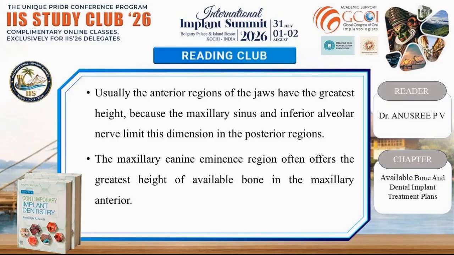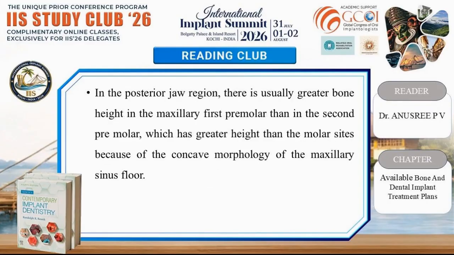The maxillary canine eminence region often offers the greatest height of available bone in the maxillary anterior. In the posterior jaw region, there is usually greater bone height in the maxillary first premolar than in the second premolar, which has greater height than the molar side because of the concave morphology of the maxillary sinus floor.